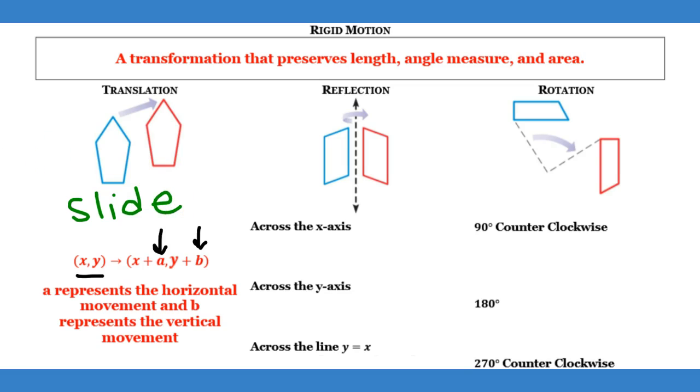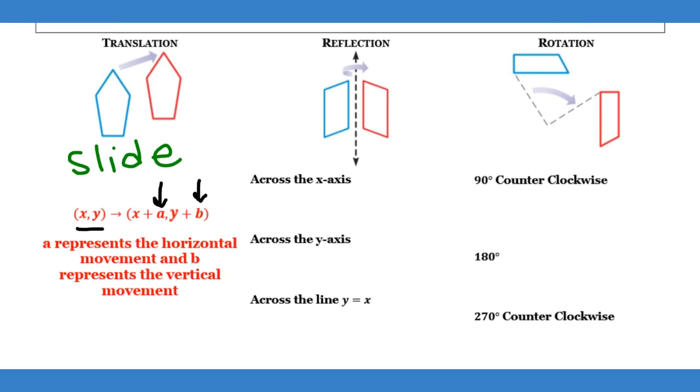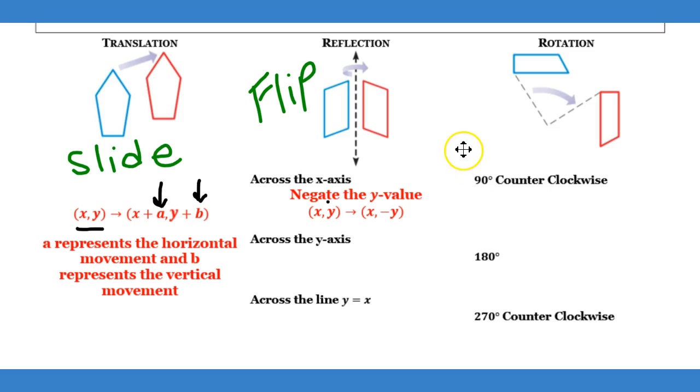Alright, then we have a reflection, which is also known as a flip. And we can do a number of different kinds of reflections. The 3 we're going to focus on is across the x-axis. So when you flip something across the x-axis, then you are going to change your y sign.